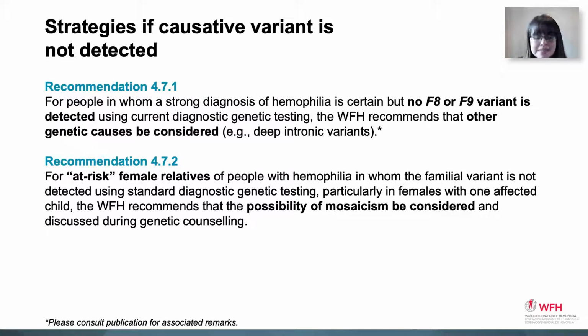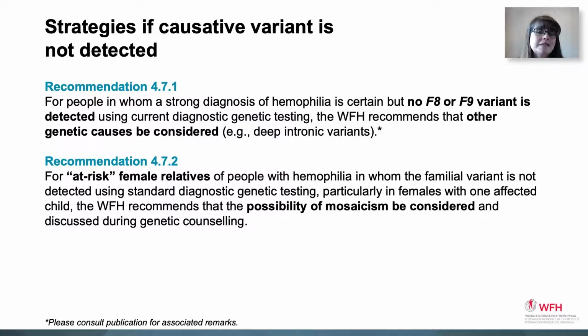In 0.6% of severe haemophilia A patients, and in 2.9% of patients with mild or moderate haemophilia A, and also in 1.1% of patients with mild or moderate haemophilia B, there is no causative variant detected within the essential regions of the factor VIII or the factor IX gene.